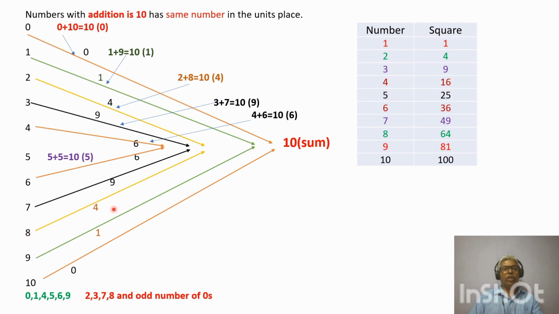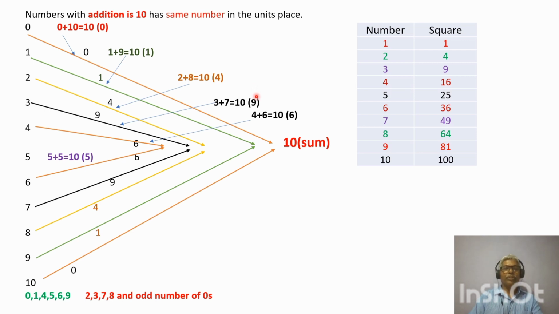You need not have any other trick to remember; this is just a trick. For 3, it is 9. 3 plus 7 is 10, so 3 and 7 both will have square with unit place 9. That is, any number which ends with 3 or 7 will have a square ending with 9.